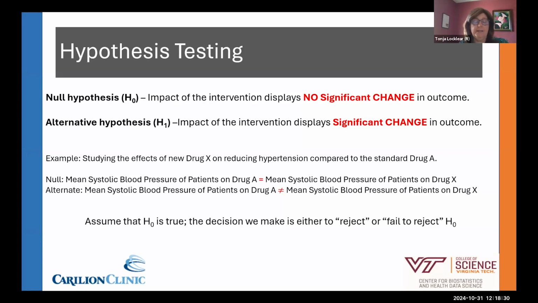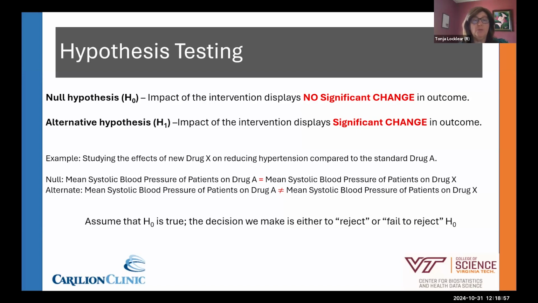That's what our previous experience has been. Our decision, based on whether or not we end up with a statistically significant difference, will be to either reject the null or fail to reject the null. So we're showing whether the data is supporting or not supporting the null hypothesis. And that's how you go through hypothesis testing.